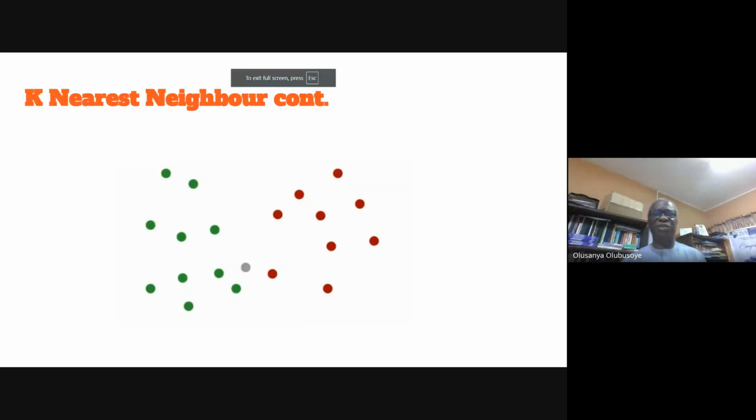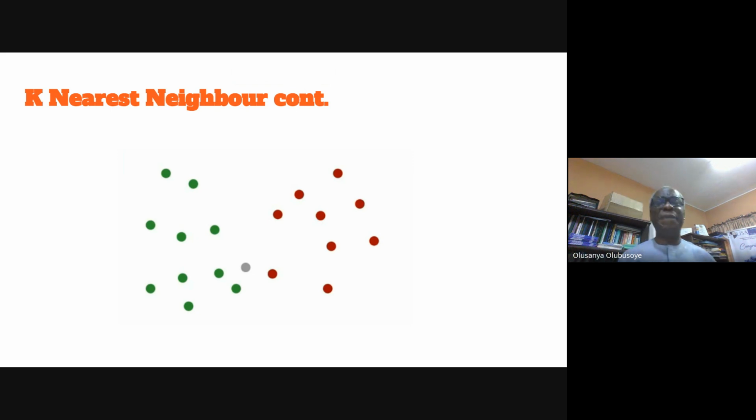Okay, so the idea is that the starting point is to define who are the neighbors. We can see all the points and consider them as neighbor. In fact, my neighbor could extend to Benin Republic. My neighbor could extend to Niger Republic.